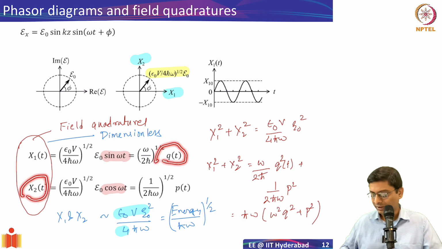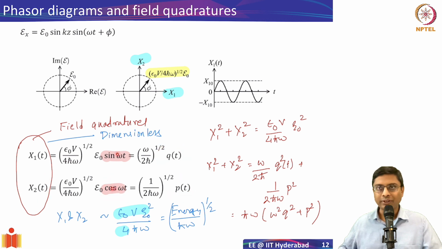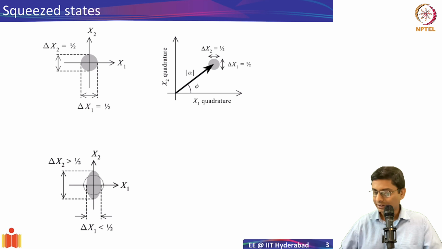And x2 is defined as cos omega t, and it's related to the generalized momentum. So you see that these are out of phase. One is sine, one is cosine. So they are in quadrature.